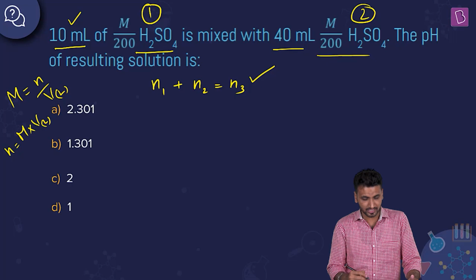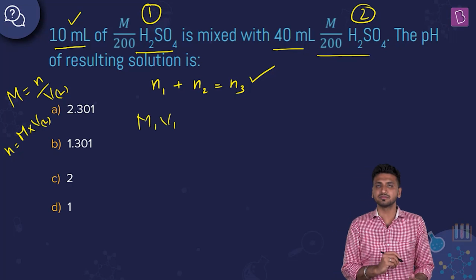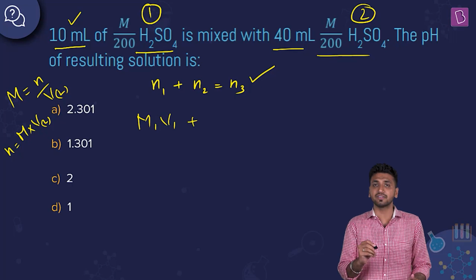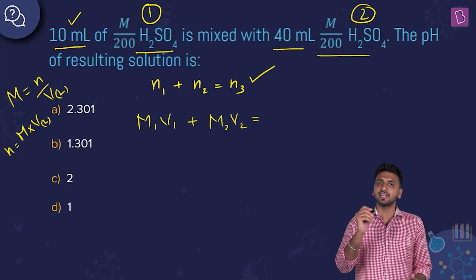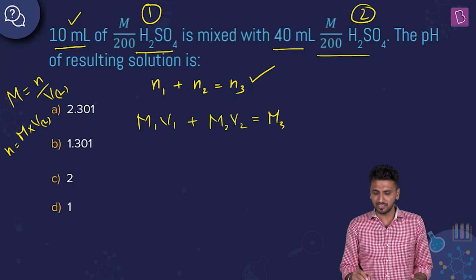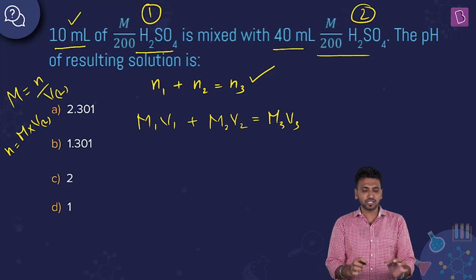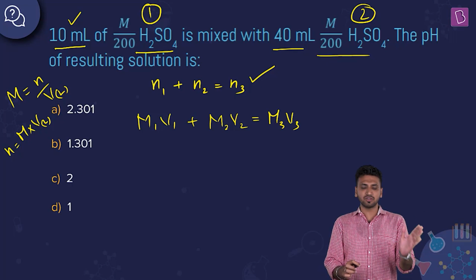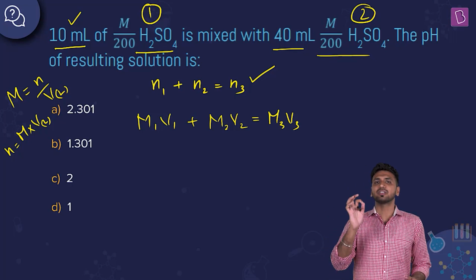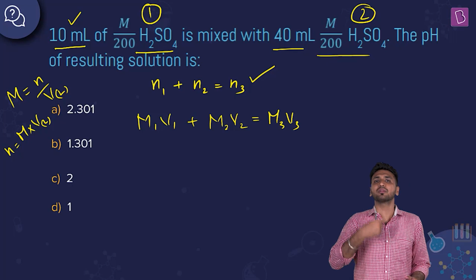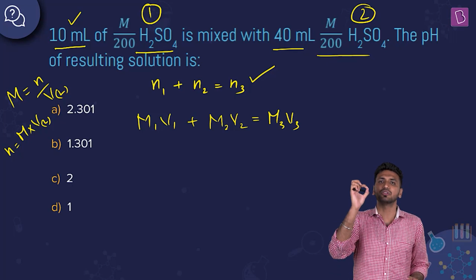So can I just write, instead of N1, M1 V1, plus instead of N2, I'll write M2 V2, and instead of N3, I'll write M3 V3. Just keep that in mind, that the unit of volume on the left hand side in V1 and V2 and on the right hand side in V3 has to be the same. Either keep it in liter or milliliter or meter cube, but they have to be the same unit, right?